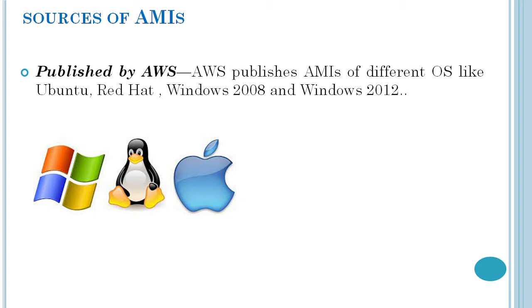These include multiple distributions of Linux like Ubuntu, Red Hat, Amazon, and Windows 2008, Windows 2012, etc. Launching an instance based on the AMI will result in the default operating system settings, similar to installing an OS from a standard OS ISO image. As with operating system installation, you should immediately apply the appropriate patches upon launch.